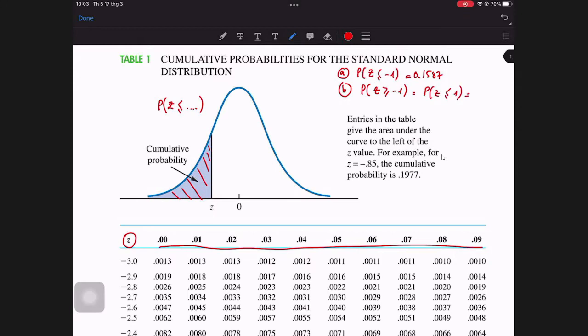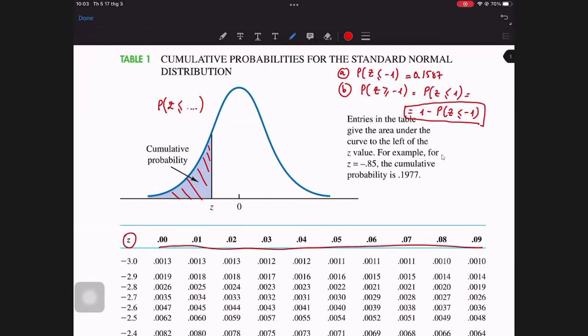Or you can take 1 minus P of Z smaller than minus 1, if that is what your lecturer told you. But to be honest, if you do it the second way, it will be more time consuming.